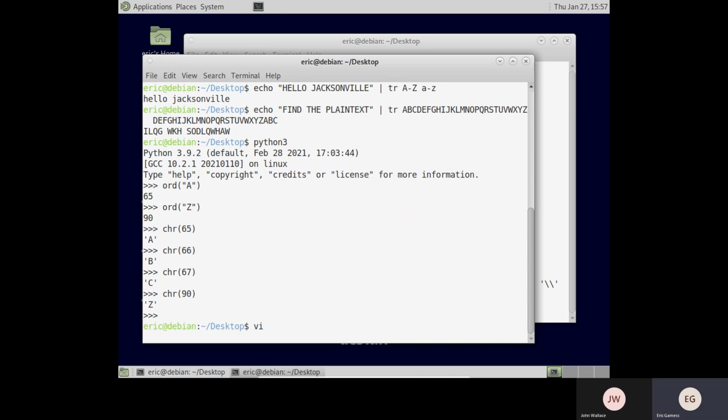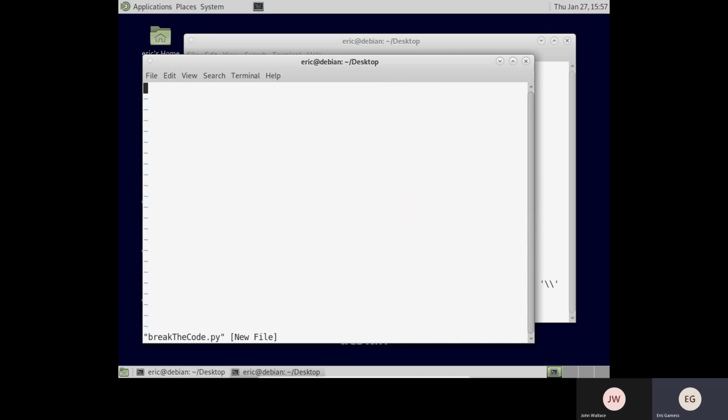Now, when you do a program in Python, let's call it break_the_code.py. Let me put the hash bang first. So we are going to use Python 3.